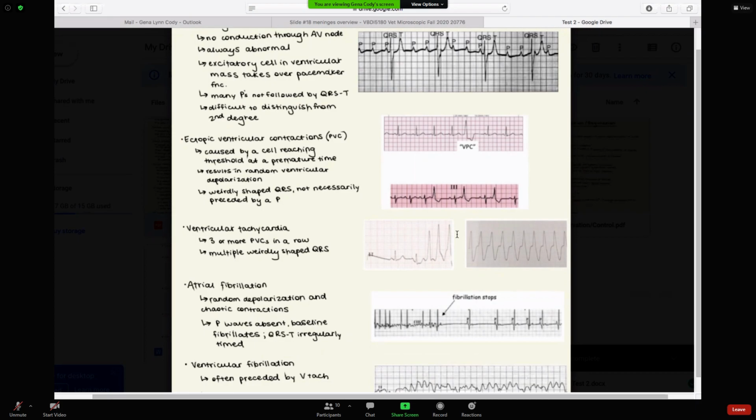This one little area is not what's causing the actual contraction. All of these little areas are trying to cause contractions. So that's when my ventricles just quiver and fibrillate.